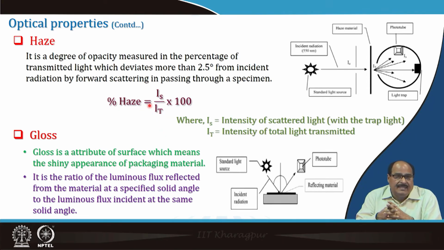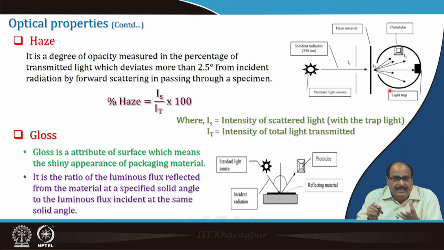Haze is another important optical property. It is a degree of opacity measured as the percentage of transmitted light which deviates more than 2.5 degrees from the incident radiation by forward scattering in passing through a specimen. Haze percentage is equal to Is by It multiplied by 100, where Is is the intensity of the scattered light with the trap light, whereas It is the intensity of the total light transmitted.